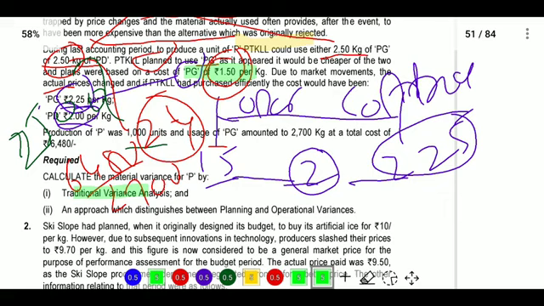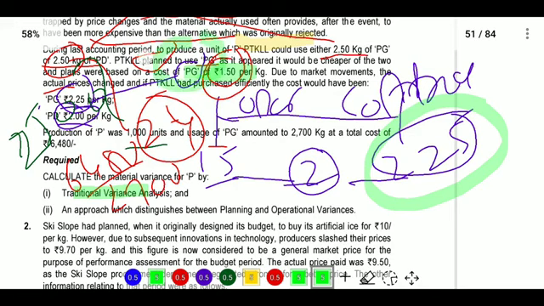Next, an approach which distinguishes between planning and operational variance. Operational variance means here we have 2500 kgs minus 2700 kgs into which price we are taking? This is the revised actual price.